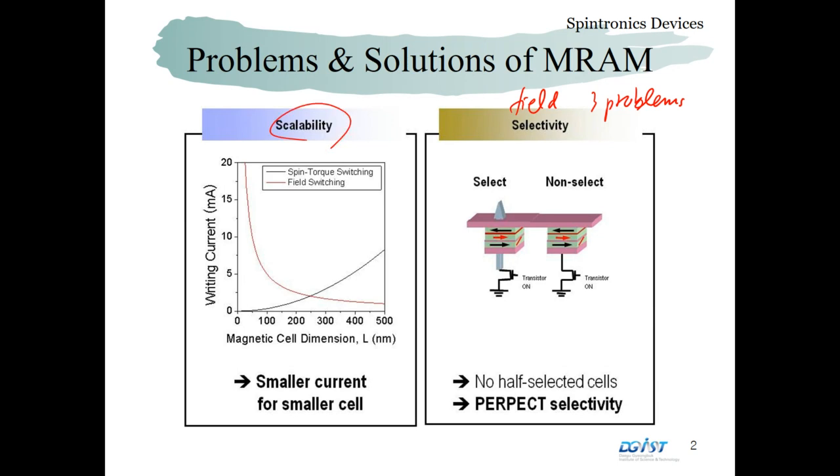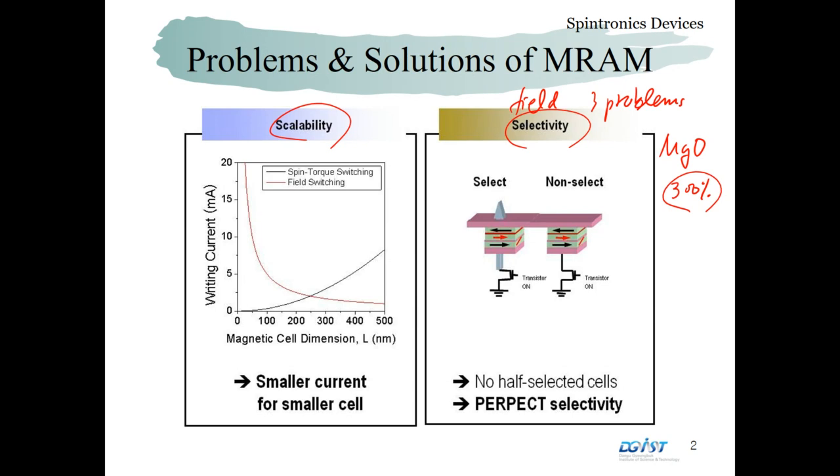One is scalability, another is selectivity, and the other is small TMR ratio. And I already mentioned that with the MgO TMR, we got a very large TMR signal, 300%, so it's good enough. So the third problem, the low signal, may be solved.